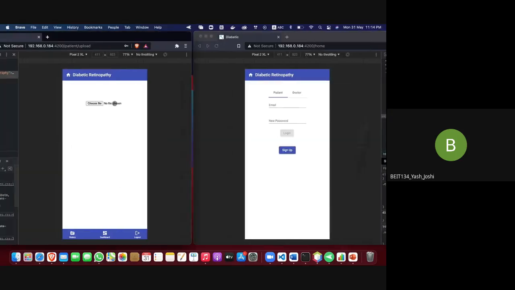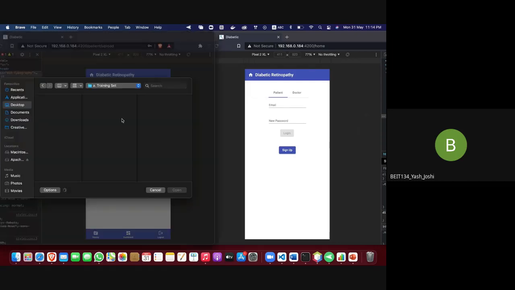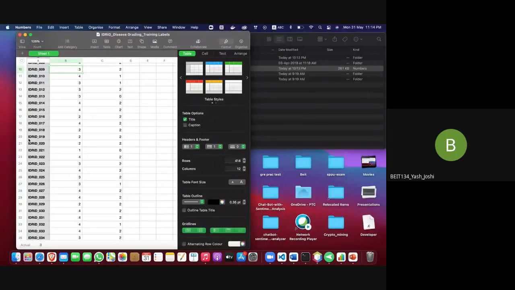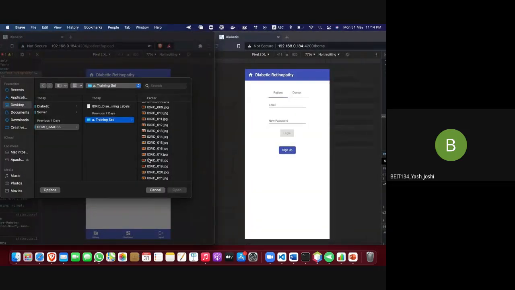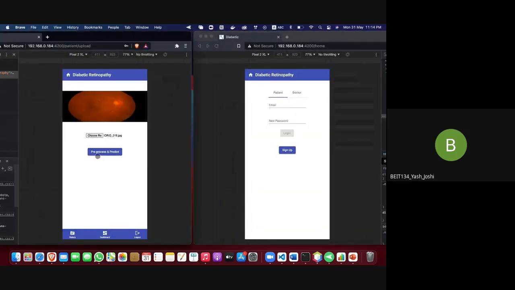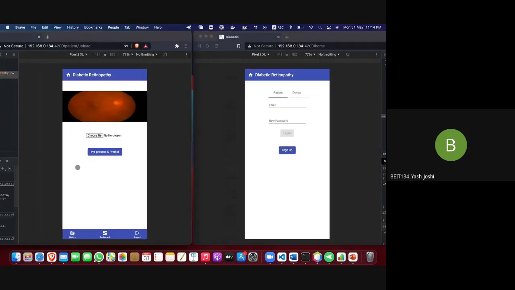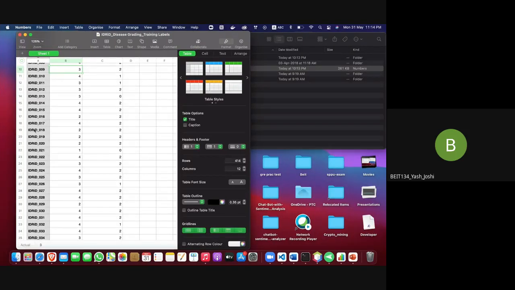So we can upload a file, and these are the images corresponding to this CSV file. If we select one of the files and click pre-process and predict, it will load for some time. Here you can see we uploaded the 18th image, and it shows that it has DR.